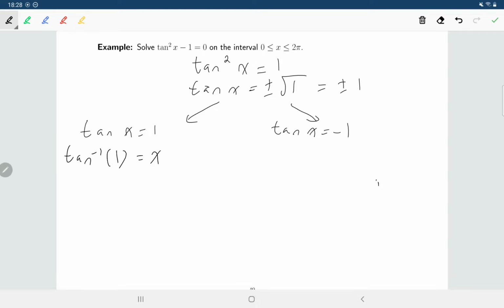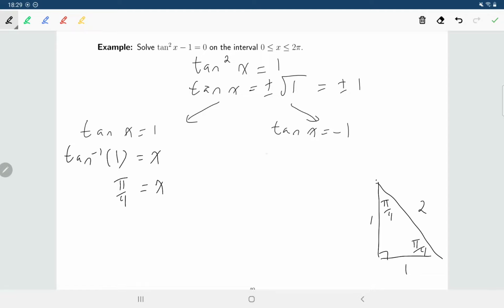And if you're thinking about your special triangle for the 45, 45, 90 triangle, pi over 4, pi over 4, pi over 2, you know that tangent of pi over 4 is 1 over 1, which is just 1. So you do find one solution using your inverse trig function, which is pi over 4.